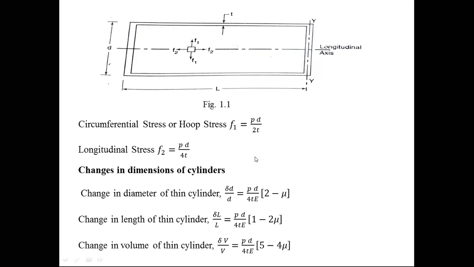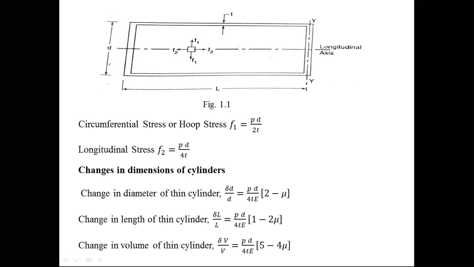If you know the P, T, E values and mu, a question may ask the hoop stress, the longitudinal stress, the change in diameter, the change in length, or the change in volume. So you directly use these equations and determine the other parameters.